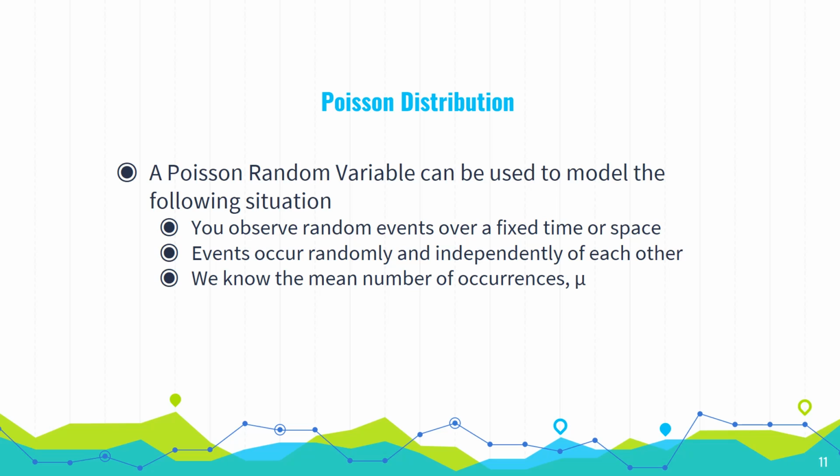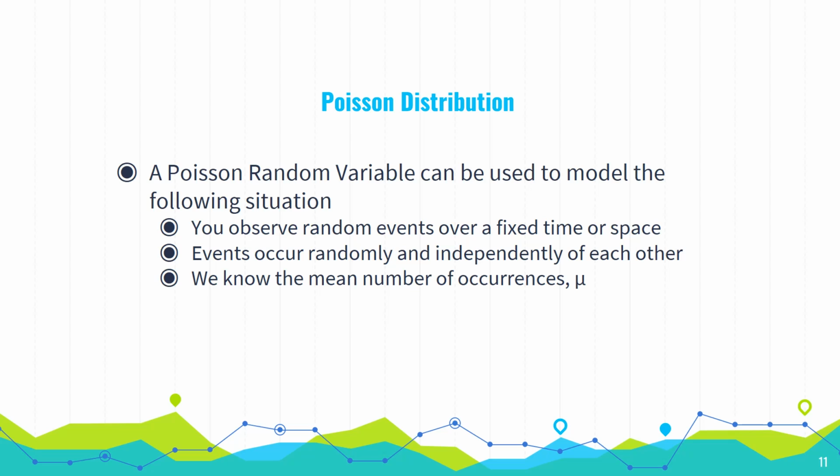So a dead animal by the side of the road is like a random event, and the fixed space is the 50 miles. There are a lot of different examples you could think of like that, but you have a fixed amount of time or space, and you're counting how many times this random event occurs over it.